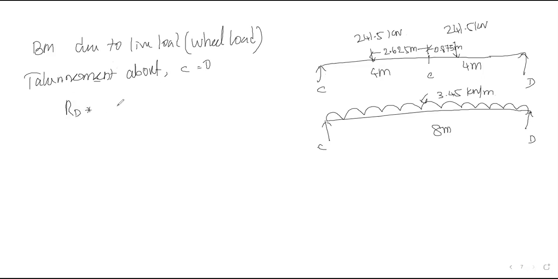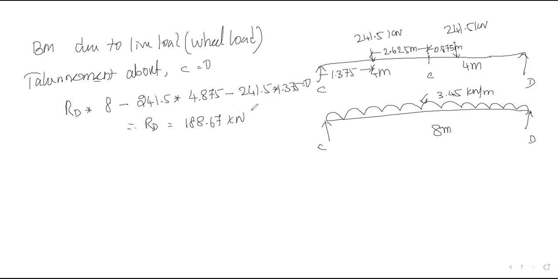Therefore, RD into 8 minus 241.5 into 4.875 minus 241.5 into this distance, 4 minus 2.625, which becomes 1.375 meters, is equal to 0. Therefore, RD becomes 188.67 kilonewton.